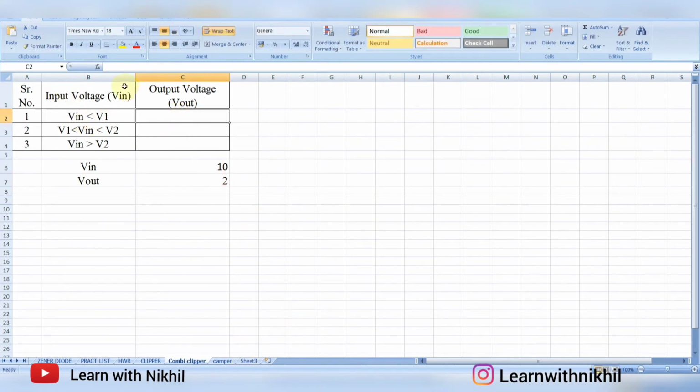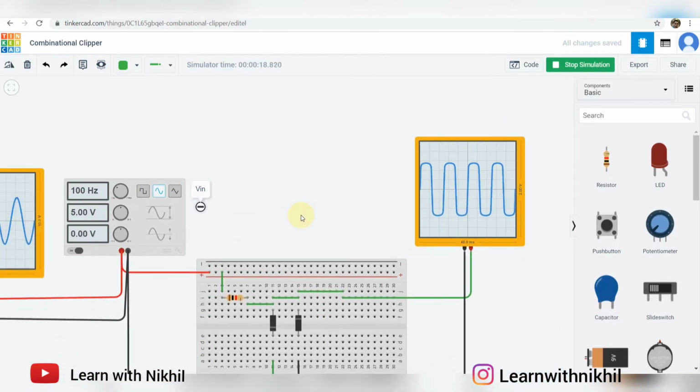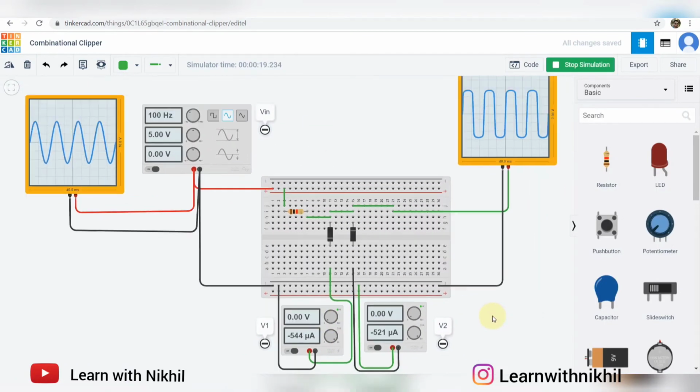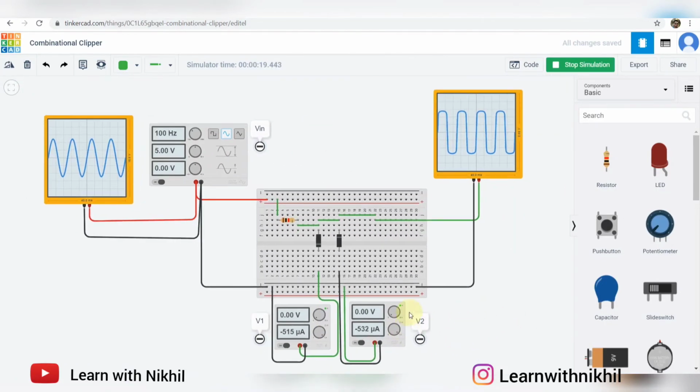Now according to the observation table, we have to calculate for Vin less than V1. This is Vin, this is V1. Before moving forward, I'll show you how, if I vary the power supply, this clipping will vary. If I increase some voltage here, the positive peak is there and the negative is almost 0.